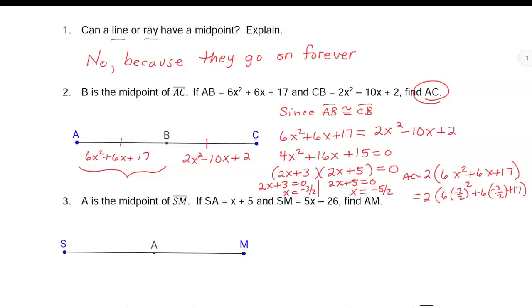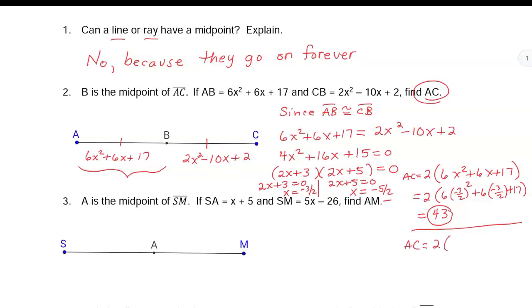And I'll put that into my graphing calculator. So when I have negative 3 halves substituted in for x, I get a total of 43. So the length of the segment would be 43 if x were negative 3 halves. However, the value of x could be negative 5 halves. So I'll do that again.